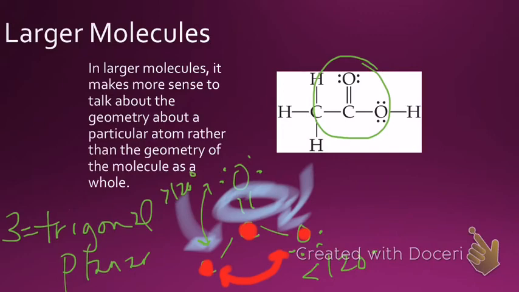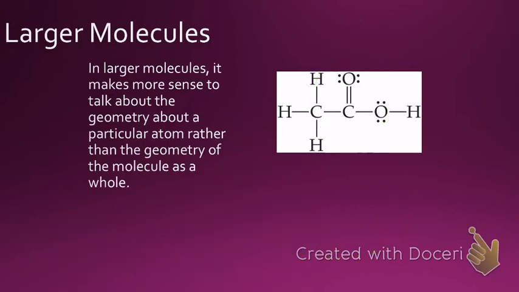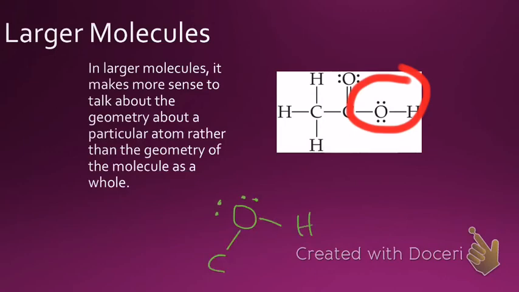Finally, let's go ahead and look at the oxygen. I'm going to redraw just the oxygen. It's got 2 sets of lone pair electrons, a hydrogen, and then it's attached to that carbon. So how many electron domains are there? There's 1, 2, 3, 4.